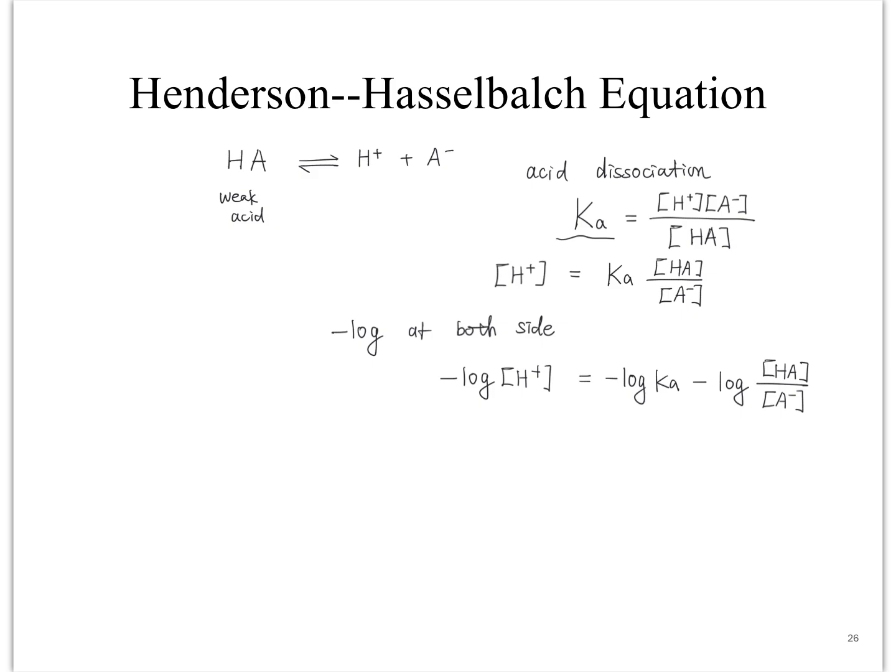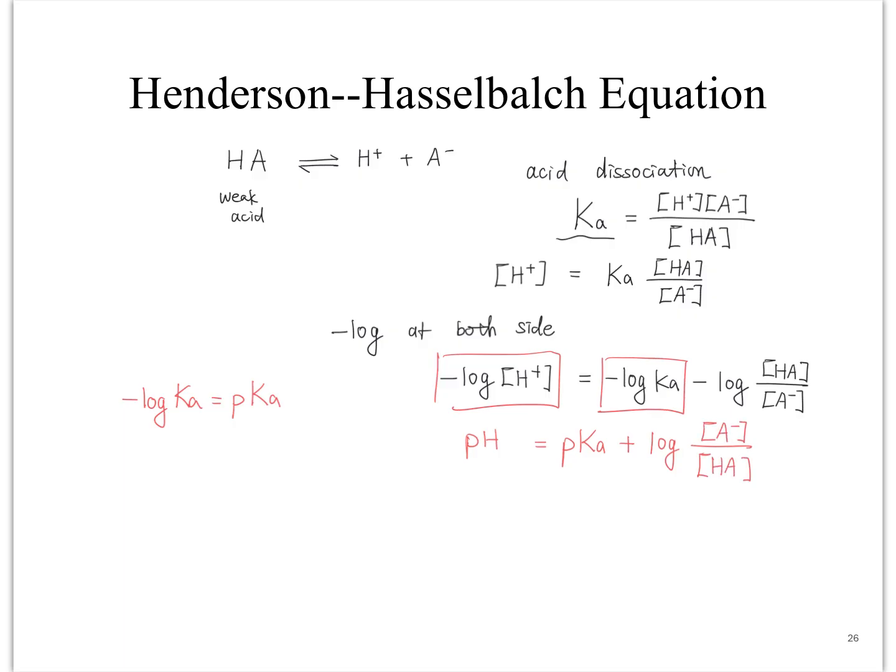The first term is pH. The second term, negative log Ka, has a name: pKa. And negative log of HA divided by A minus equals positive log of the conjugate base concentration divided by HA. So that is the Henderson-Hasselbalch equation.